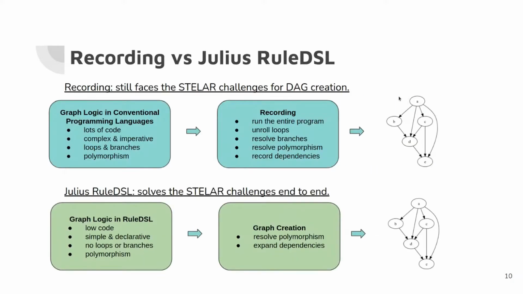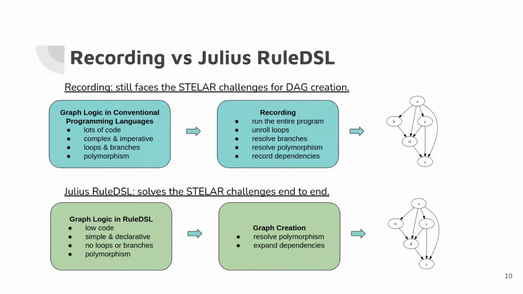So let's dig into a bit more detail on this point, which is the important point I want to explain clearly. When you write graph logic in a conventional programming language using the typical recording approach, you are basically writing with the full general-purpose programming language features such as types, classes, functions, loops, branches, and polymorphism.